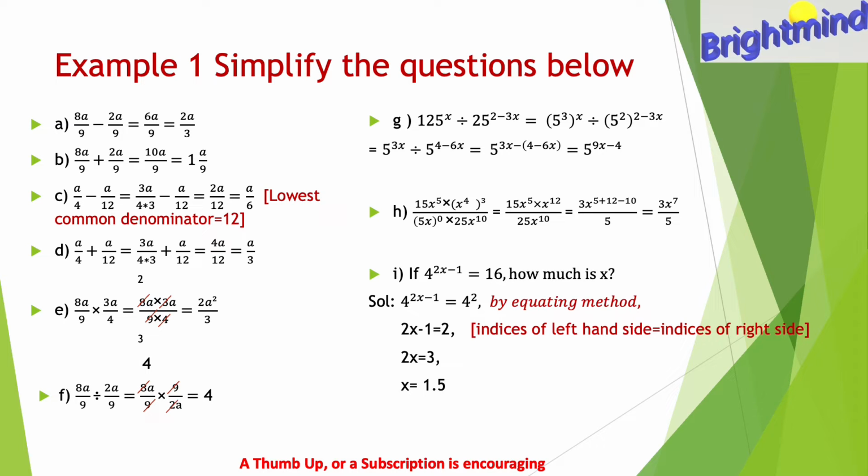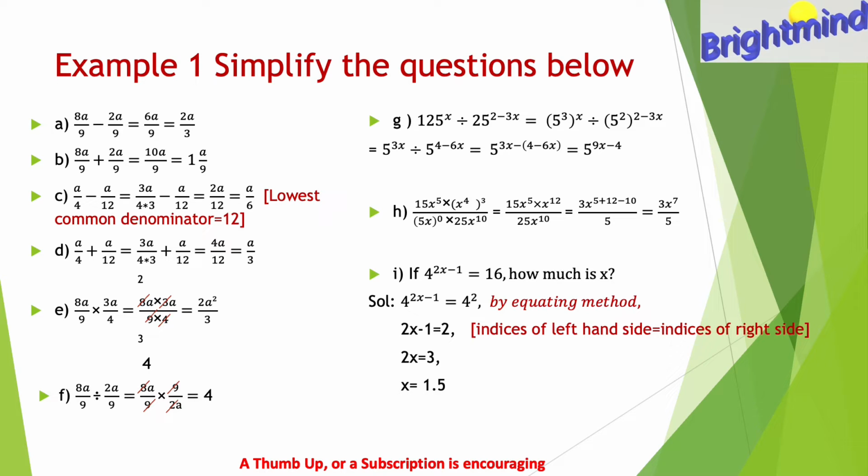D. a over 4 plus a over 12. The same as example C, because 4 and 12 are not the same, I need to make the lowest common denominator, because 4 going to 12 3 times. The lowest common denominator is 12. So I change the first fraction into denominator 12.